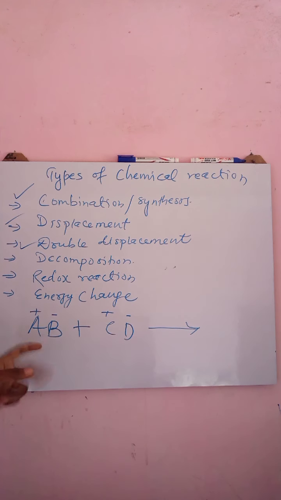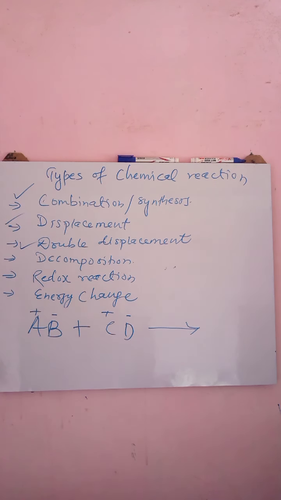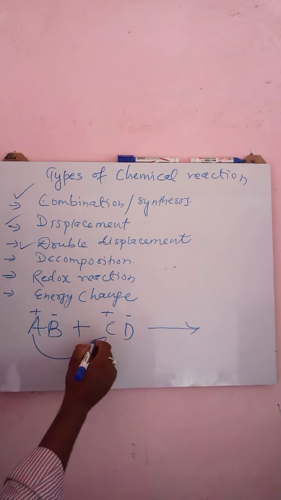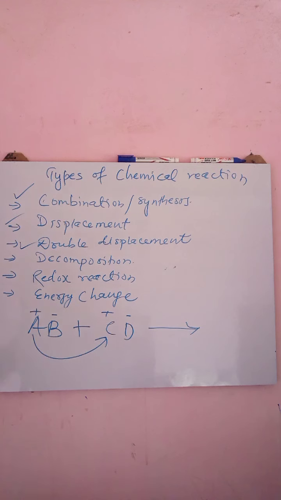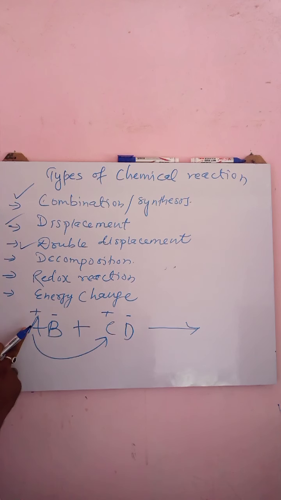Now here, because it is a type of double displacement reaction, mutual exchange of radicals will take place. Means this A plus will take the place here, and this C plus will come here. So one positively charged species will take the place of the other positively charged species and vice versa.